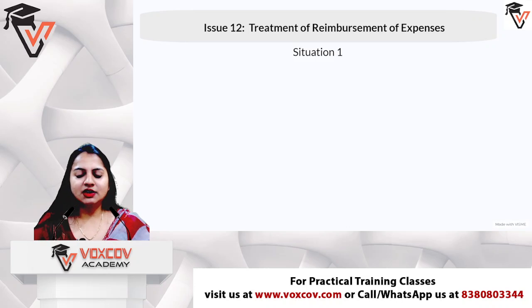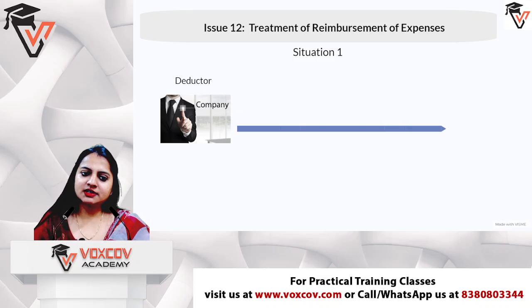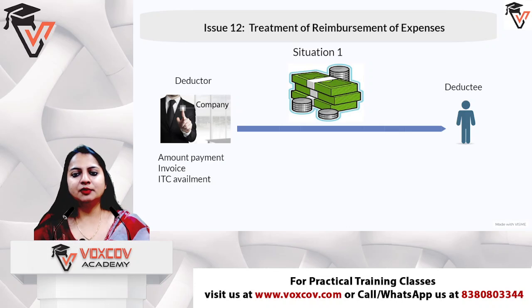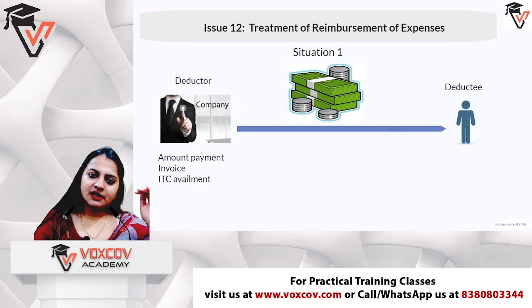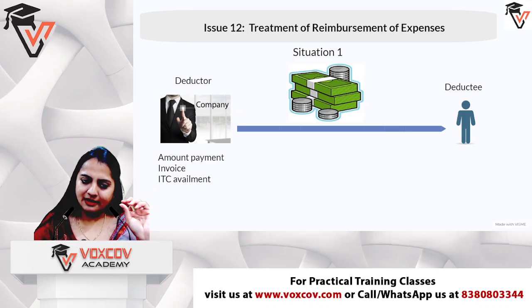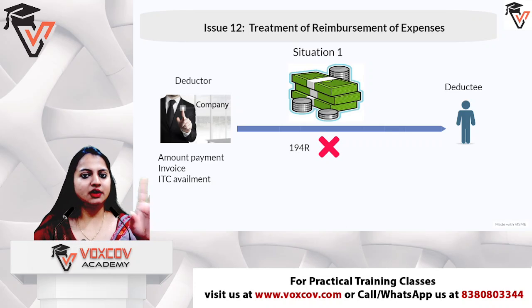I have divided this into three situations so it will be more clear. The first situation is, there is a deductor and there is a deductee who is providing some reimbursement for expenses. If the deductor, in my case my client, is paying the amount for that expense, is preparing the invoice, meaning he is getting the invoice in his name and he is availing the GST ITC component also, then 194R is not applicable.